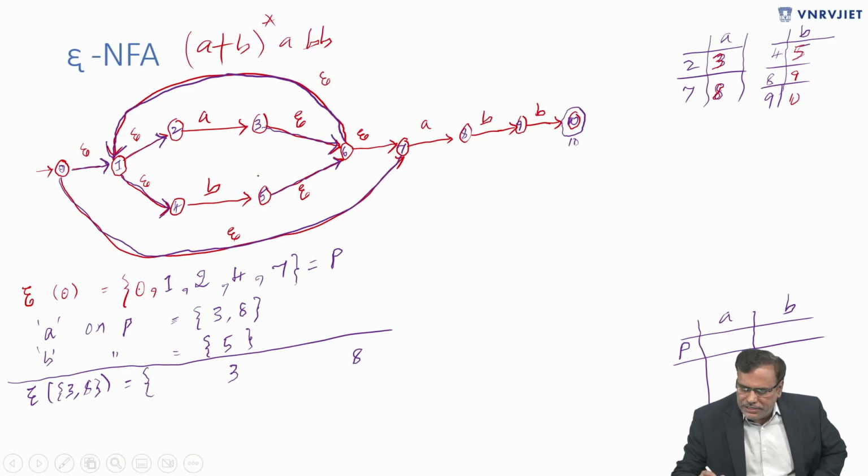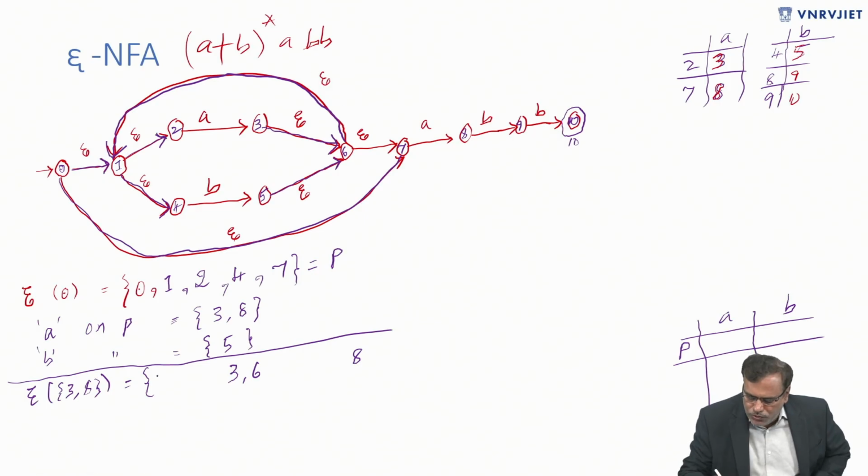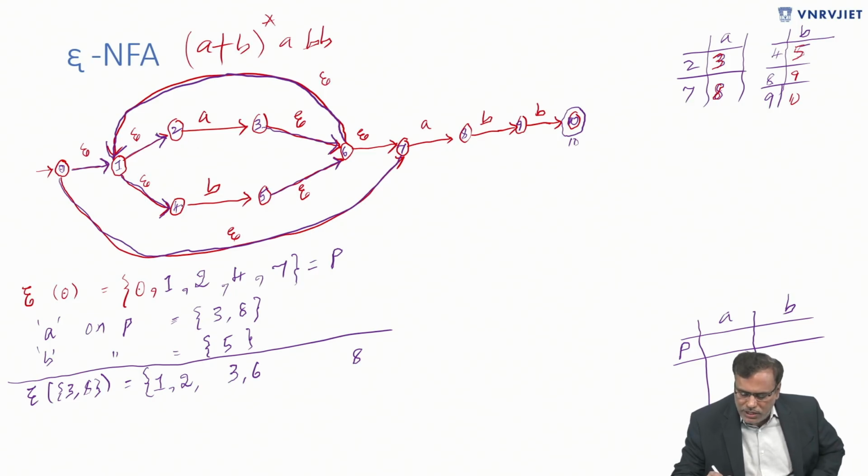Already you have added 3. From 3 on epsilon, you can go to 6. From 6 on epsilon, you can go to 1. From 1, you can also go to 2. From 1, you can also go to 4. If you want it in the order, let me write here that is 3 and make this 4.